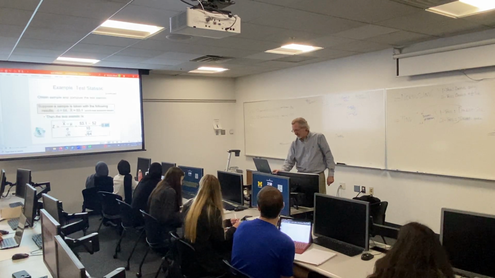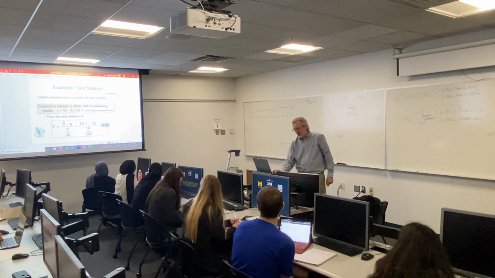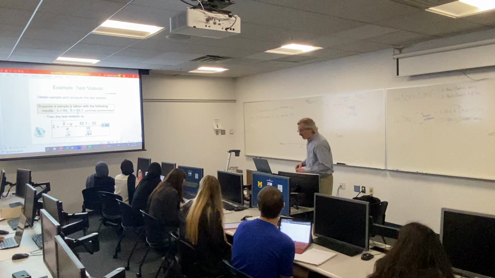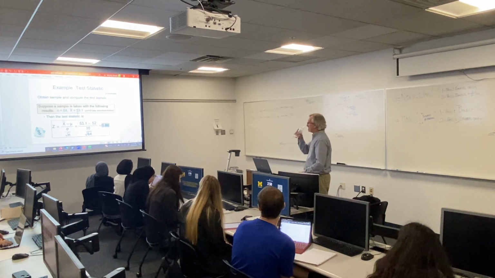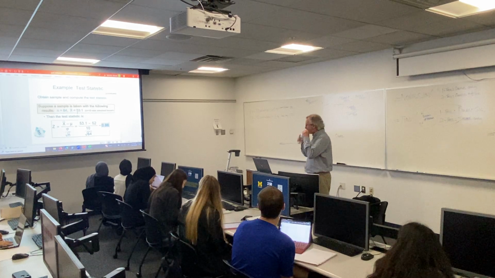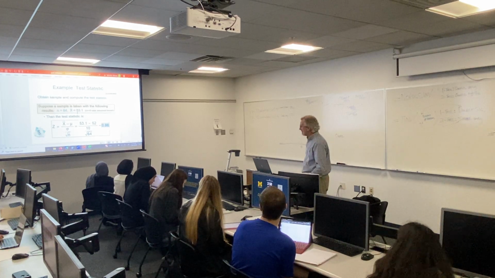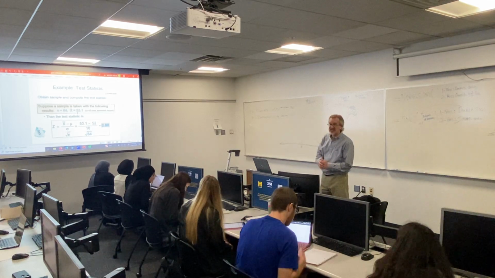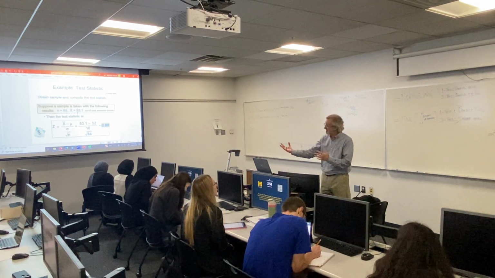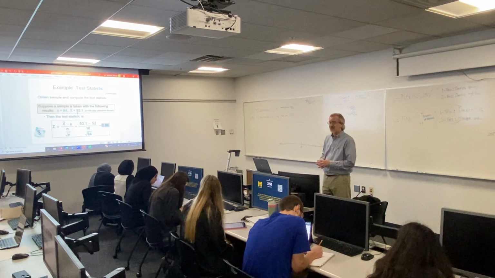We decided to use a sample size of 64. We collected all the data, divided by 64, we get a mean of 53.1. 53.1 minus 52, divided by the standard deviation of 10 over the square root of 64. Our test statistic Z, because we had the population standard deviation, is 0.88.